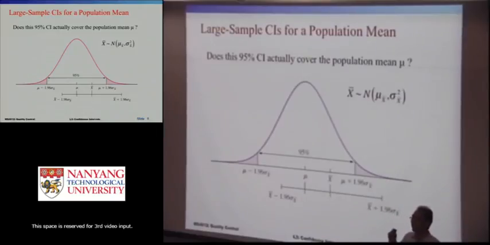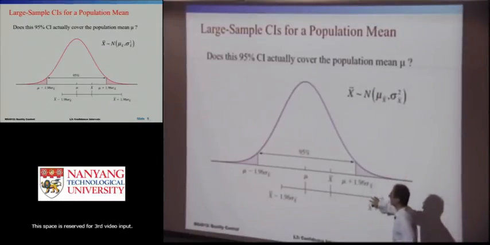Here, I repeat it. One thing is this distribution is real. And we know the value of mu, the population mean, and the mean of your sample mean. And we also know sigma x bar. This is the real situation. And this is our estimation.